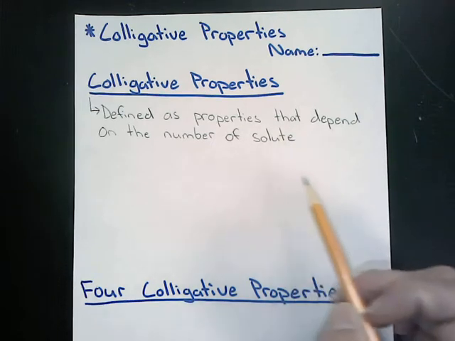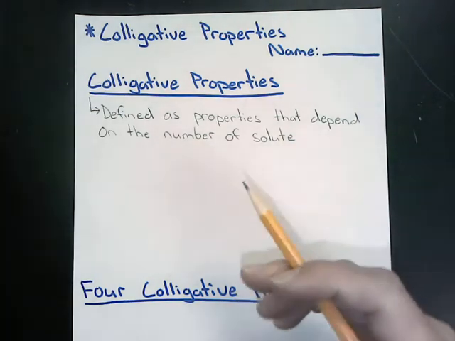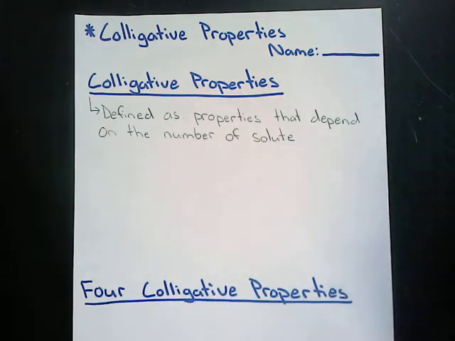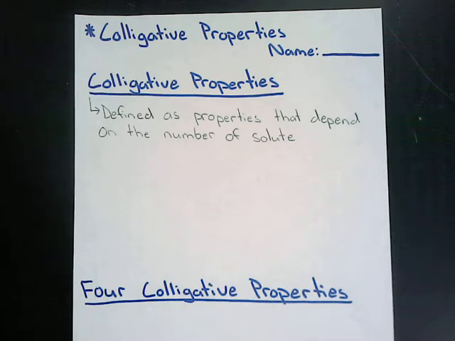This is going to be really important to identify the solute versus the solvent in our example problems. And the other thing I am going to write down is this: the colligative property itself is not dependent upon the identity of that solute particle.